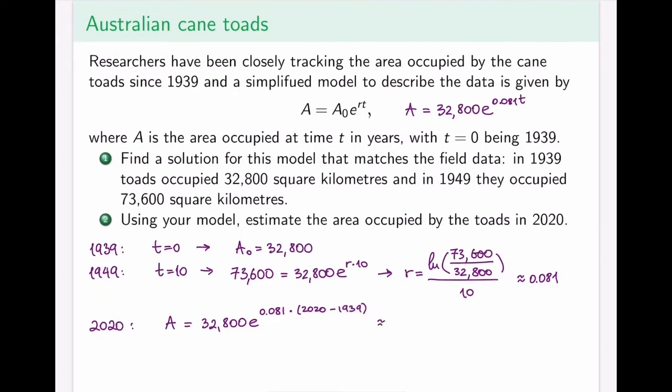Okay, so plugging all of this back in, I'm going to get approximately 22,856,304 square kilometers. So of course, unbounded growth ends up in really, really fast spread if nothing actually happens in terms of control of the pest.